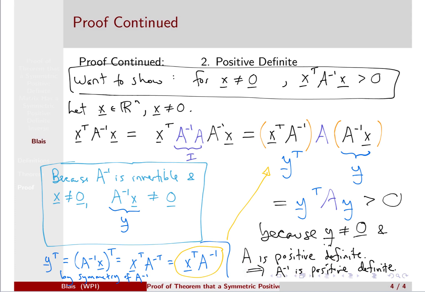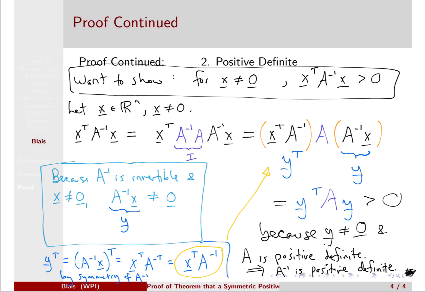We started with an arbitrary non-zero vector in R^n, and we showed that the quadratic form with that vector and A inverse has to be positive, which is the definition of A inverse being positive definite. So this concludes the proof that A inverse is positive definite.